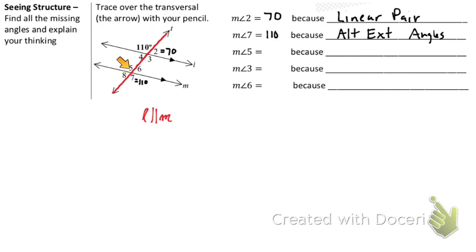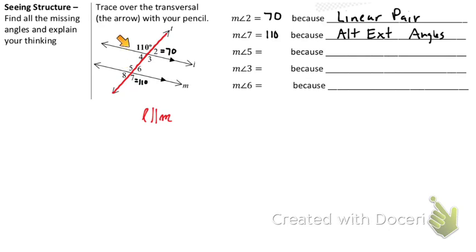But using one of the relationships in the last slide, angle 110 and angle 5 are corresponding angles, because if you move 5 to 110, they're essentially the same angle, just in a different location. And that's the definition of corresponding.